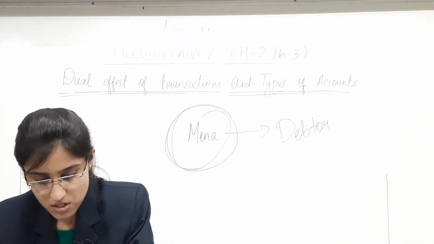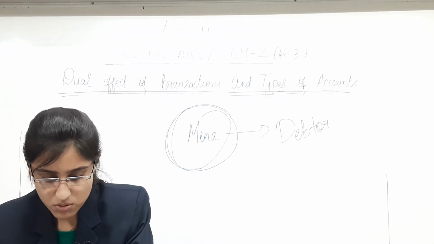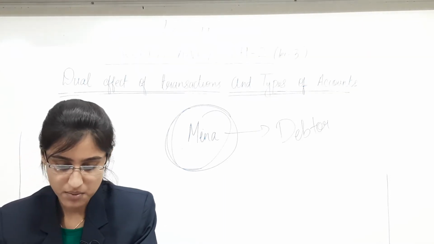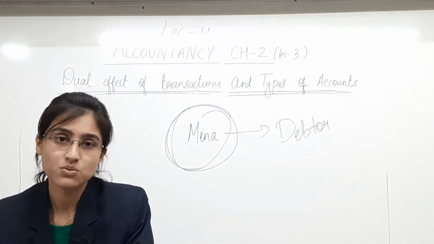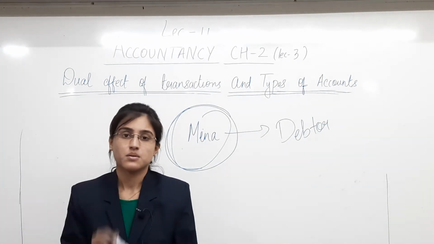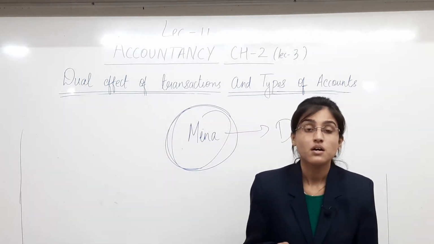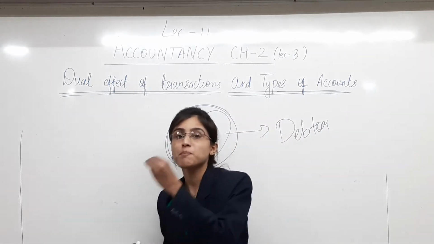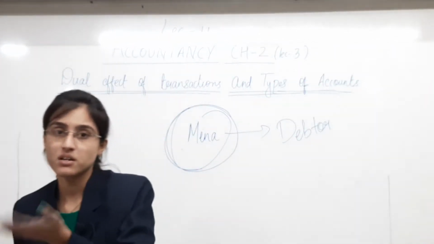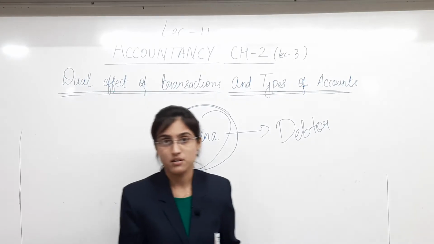The last transaction. A check of rupees 3000 issued to Lakshmi Ben for her dues. You have given a check to Lakshmi Ben. That means you have paid her. This means you have paid her for her dues.